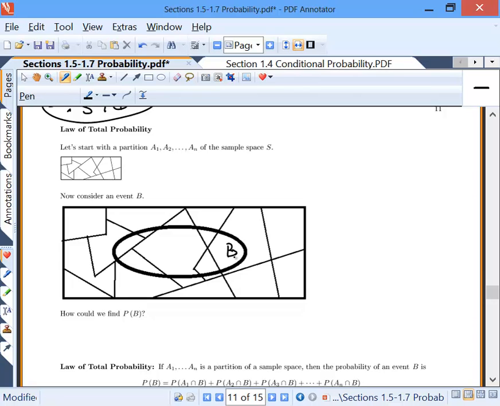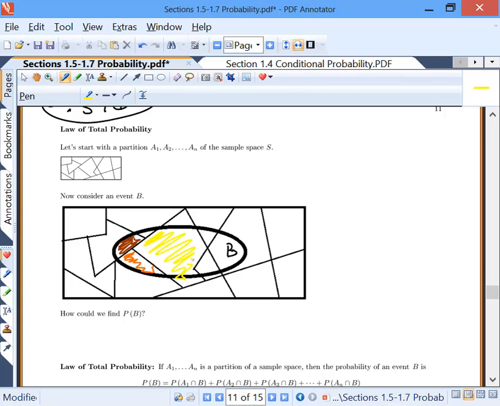How do you think you could find the probability of B? Find the intersection of B and all the A's. We could find this intersection, this intersection, and this one.